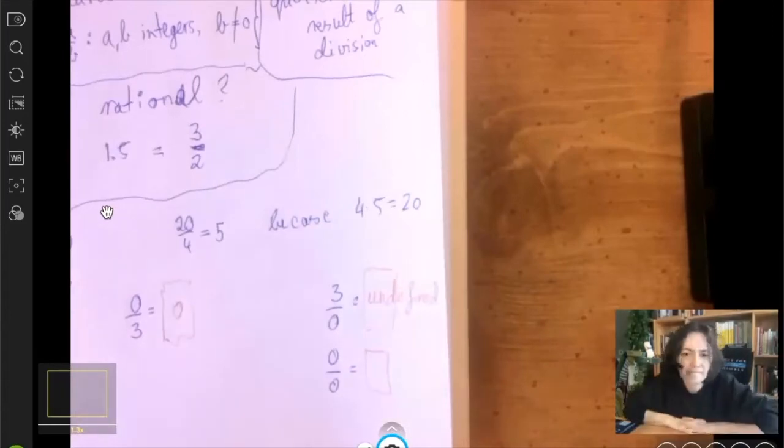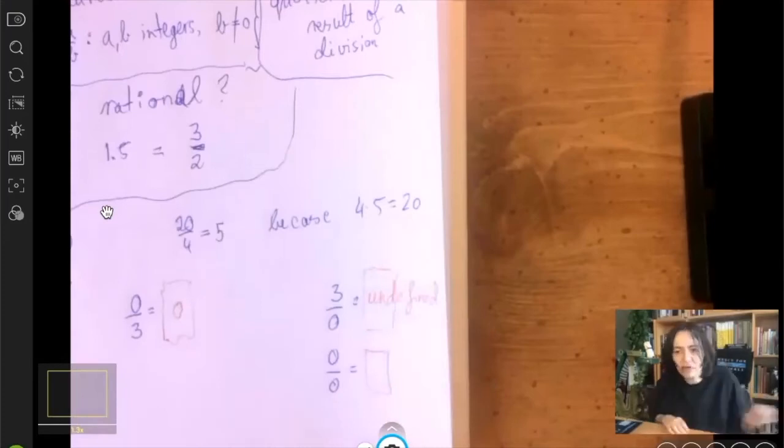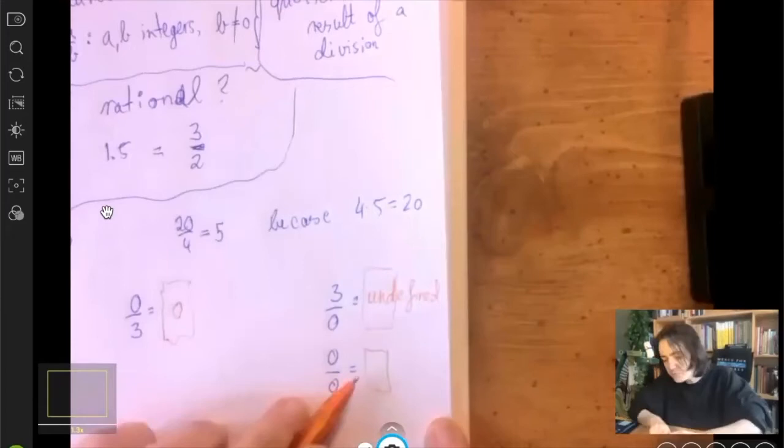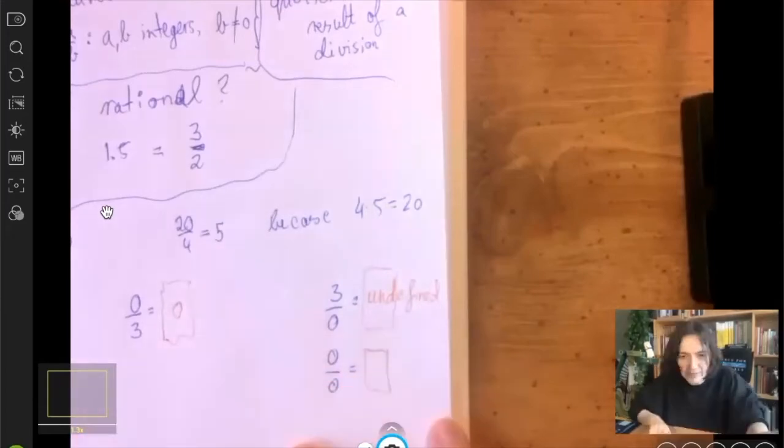Could be any number. Now that's the problem. Mathematicians did not like an operation that yields, instead of a result, every number. That's crazy too. So this used to be called indeterminate because everything would work, but now we just call it undefined.